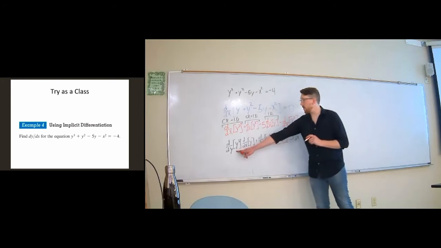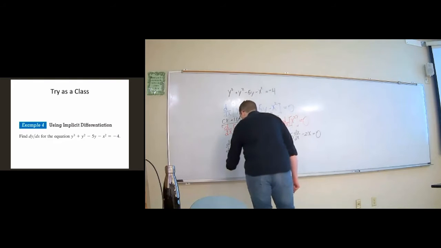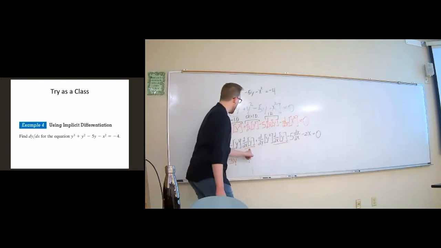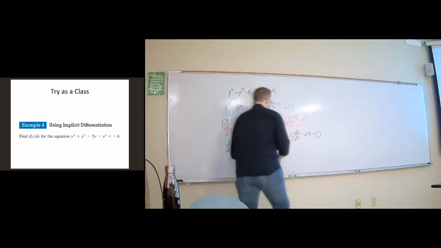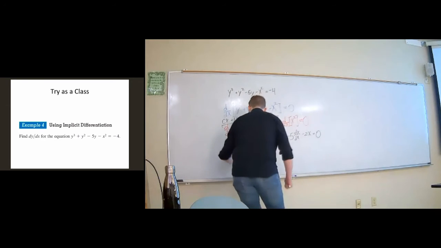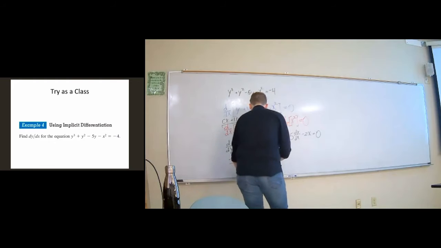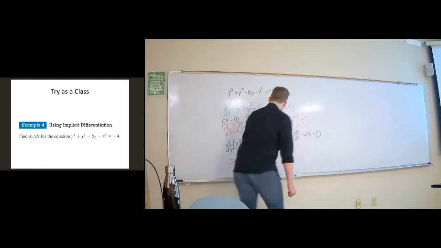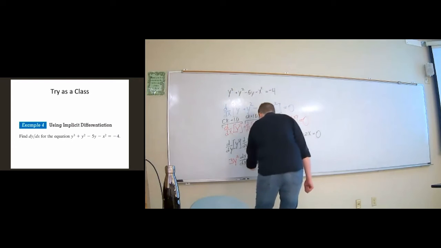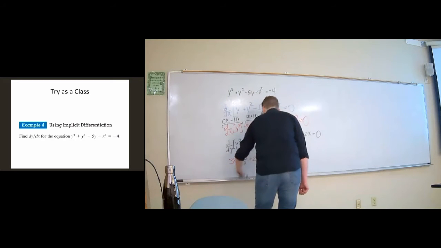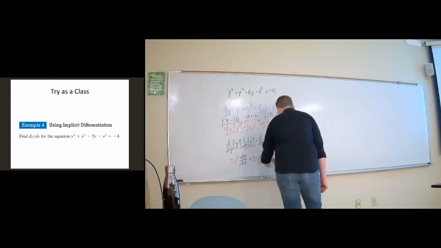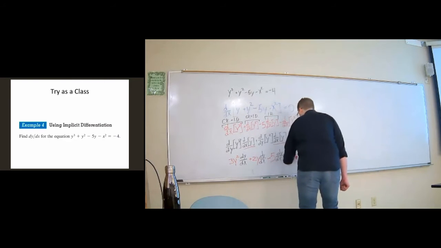This d/dy of y cubed is going to end up being 3y squared times d/dx of y, which is dy/dx. Plus d/dy of y squared, that's just 2y, times dy/dx, minus 5 times dy/dx, minus 2x.